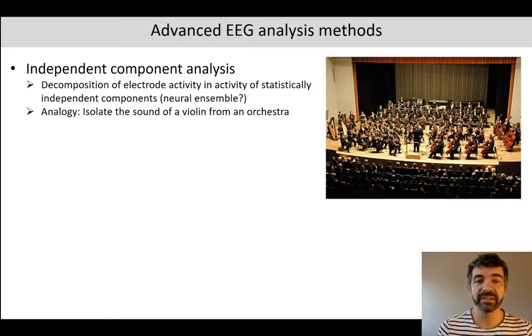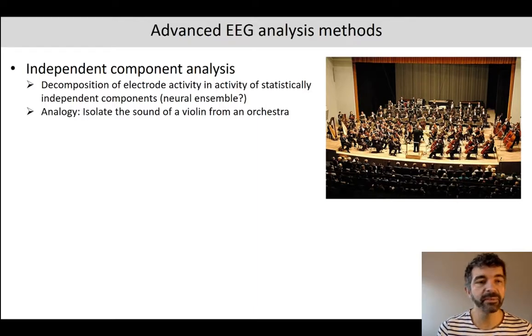So this is basically a mathematical approach to circumvent the inverse problem, because even though we cannot solve an equation system that is underdetermined, as we've seen earlier in this session, it is still possible to approximate that with mathematical methods by looking at such statistically independent components.